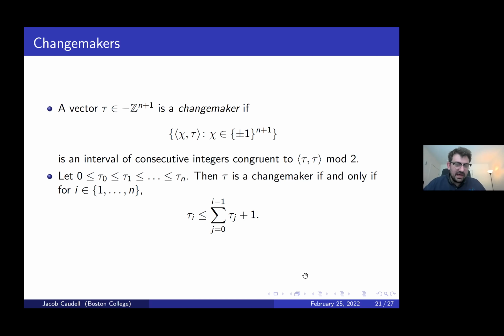And now this is easy to verify. This takes some work, but this is easy to verify. And this just comes out of considering Q of Z and the input from Floer homology together, that this property of a vector is important.